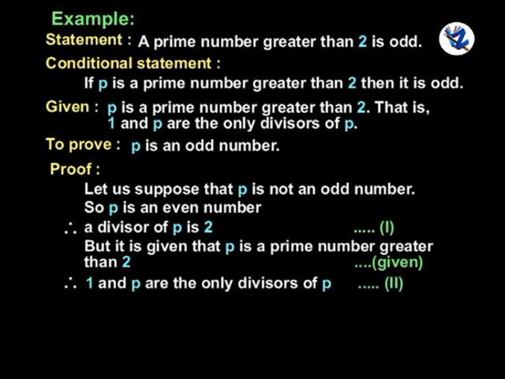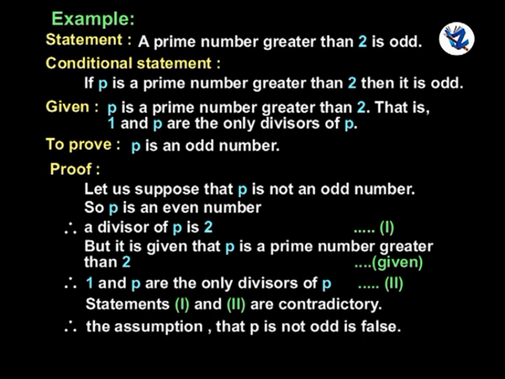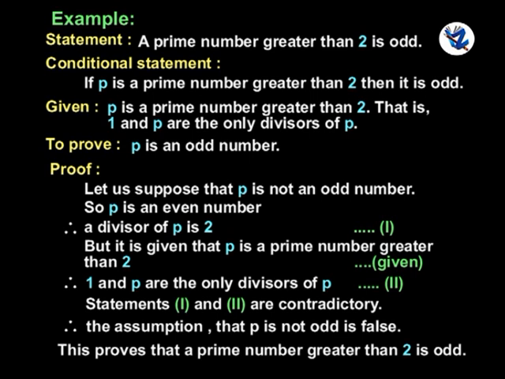Therefore, 1 and P are the only divisors of P. Statement 2. Statements 1 and 2 are contradictory. Therefore, the assumption that P is not odd is false. This proves that a prime number greater than 2 is odd.